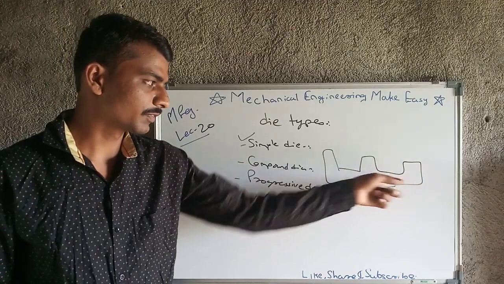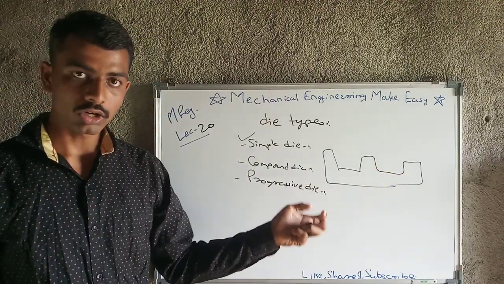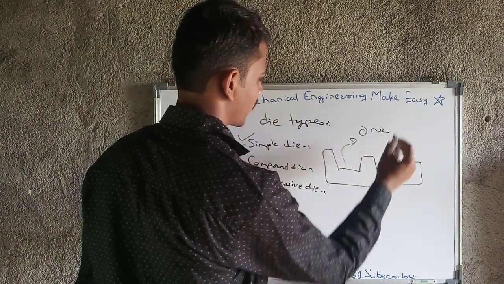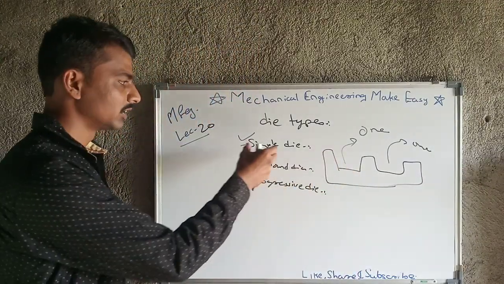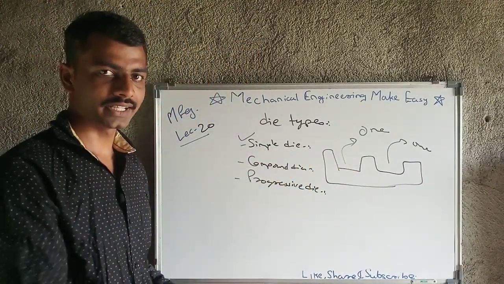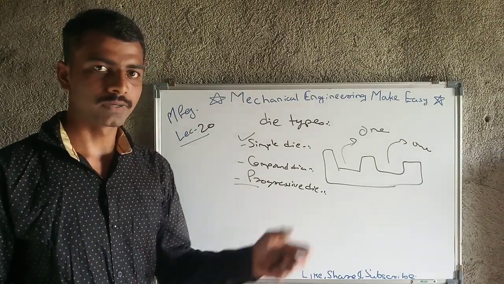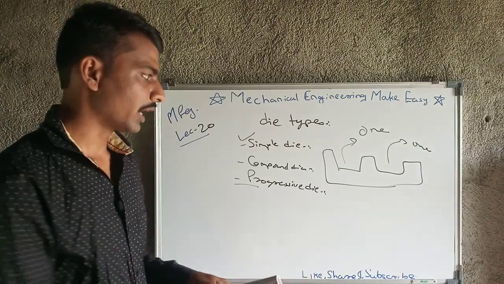Another parameter is one operation at one station, meaning here only one operation can happen, and here only one operation can happen. You can say that a number of simple dies have been connected to each other to make the die, and that forms the progressive die.